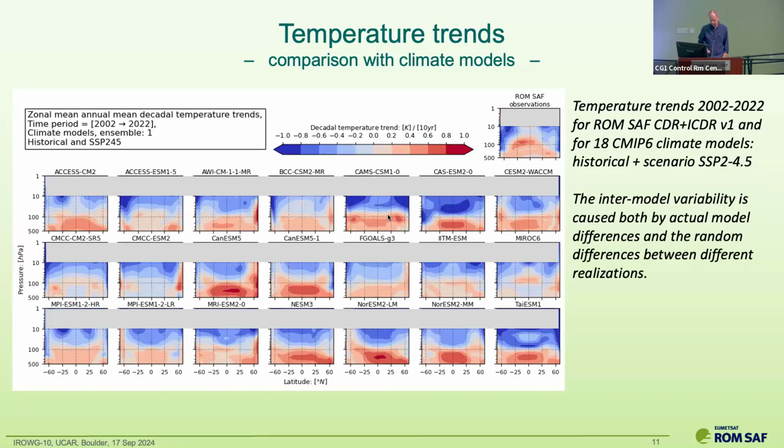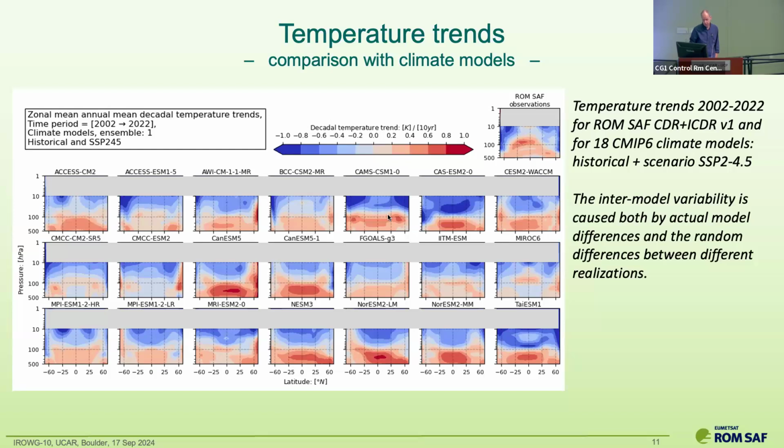All right, so this is something that should be studied, and this is something we have at DMI. It turned out that one of the researchers had downloaded 18 CMIP6 climate models.